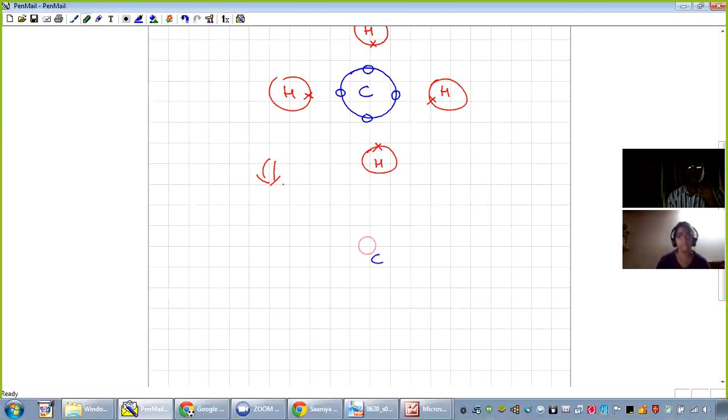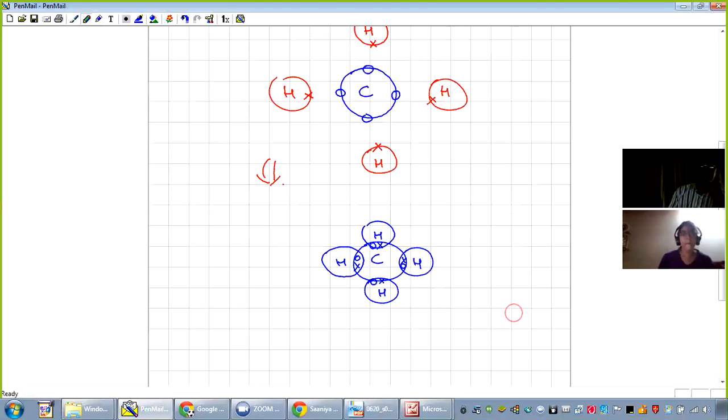You can just compare. Got it? This is the molecule of methane, that is CH4.